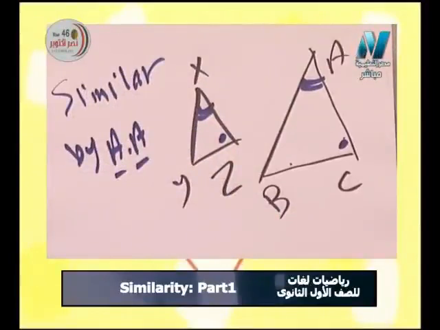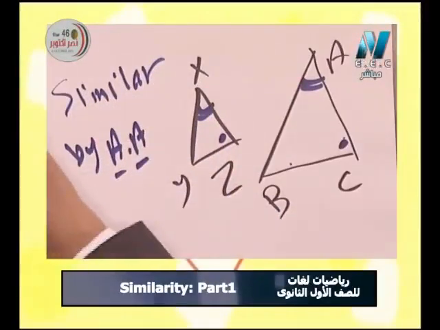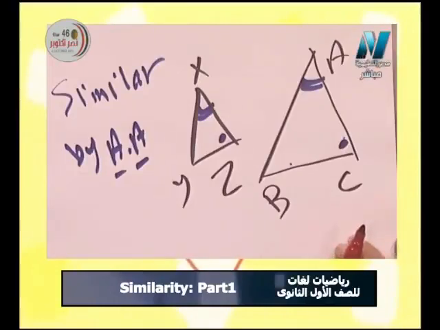Let's talk about the arrangement of the two triangles. If we write the two triangles, we must write them correspondingly.